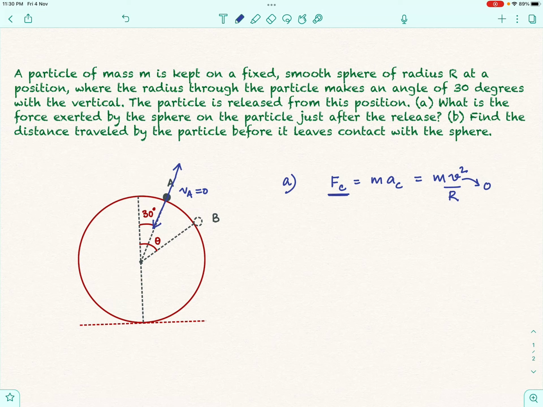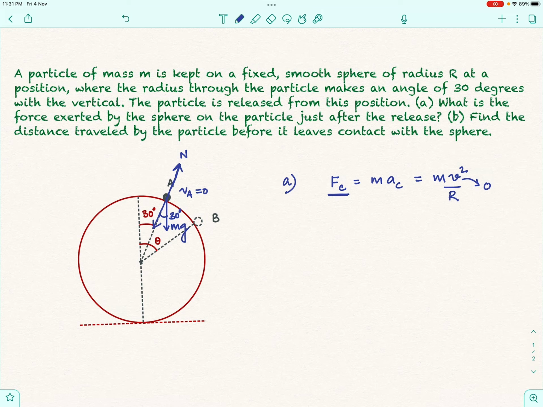Now, what are the forces acting in this direction? If we look at the forces acting on this body, there will be a normal reaction acting in the radially outward direction as shown here. And the only other force acting on this particle is gravity, mg, which will act in the vertically downward direction, right? So, the component of gravitational force along the radially inward direction will be mg cos 30, because this angle is also 30 degrees.